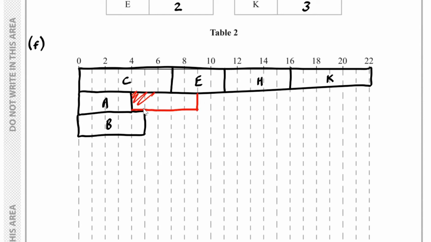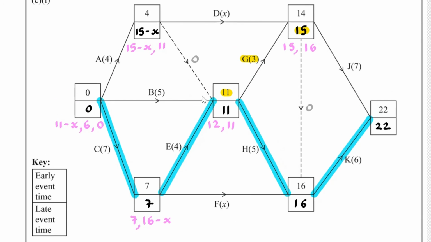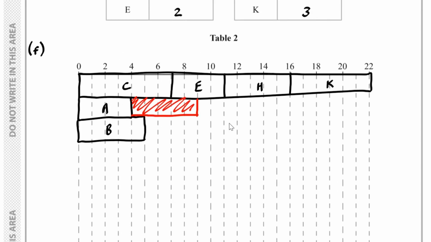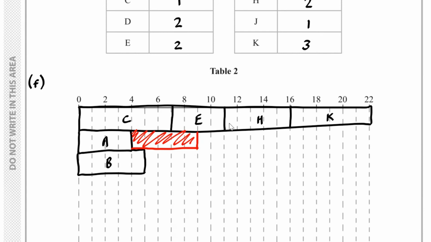So this is the float of A. If we take a look at B, the float of B, well, from 6 to 11, the float is going to be 6. So that takes us up to 11. So 11 is over here. So there is the float of B.